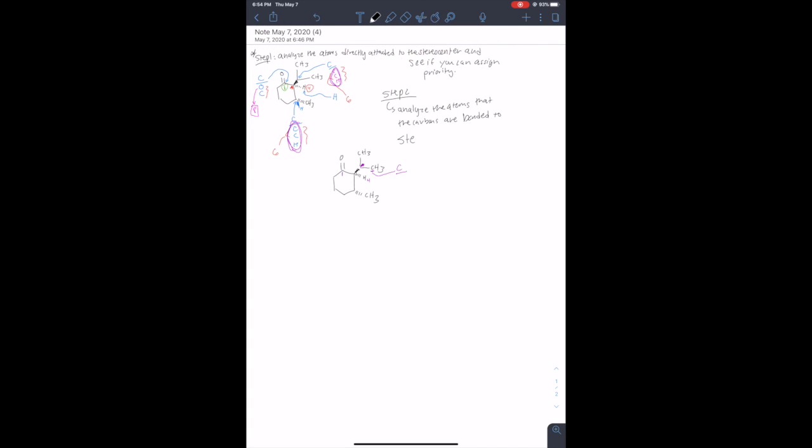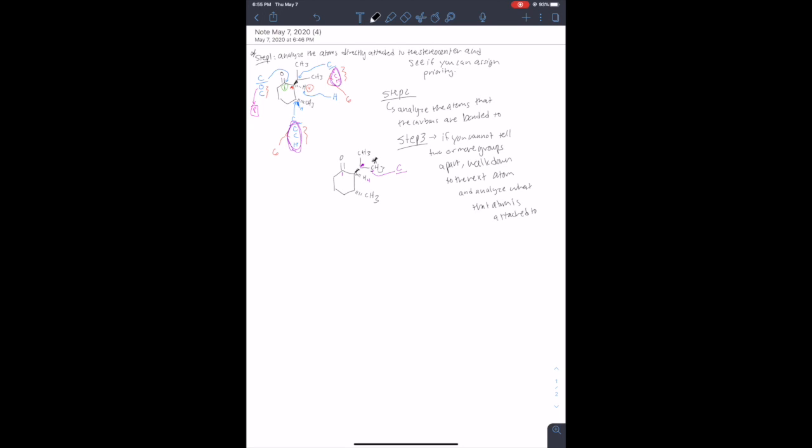Oh yeah, I also forgot step 3. If you cannot tell 2 or more groups apart, walk down to the next atom and analyze what that atom is attached to, which is what we're doing right here.